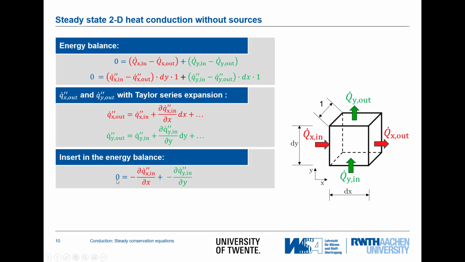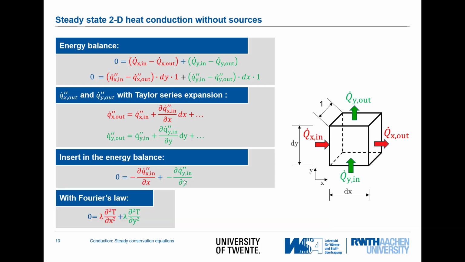So if we insert that, we get again this equation, which states that the change of the heat flux in x direction plus the change of the heat flux in y direction together is 0.